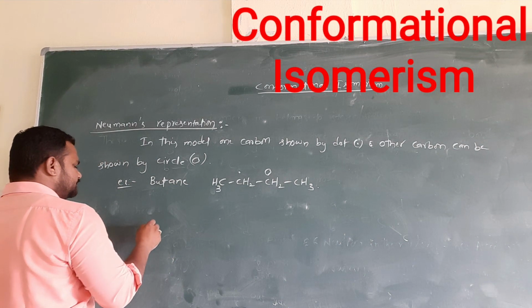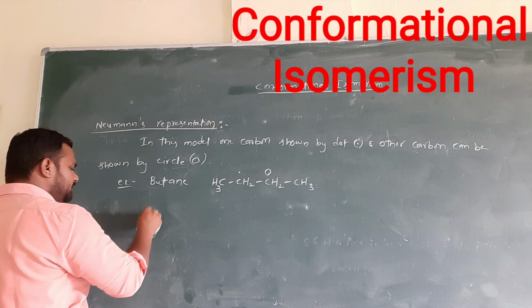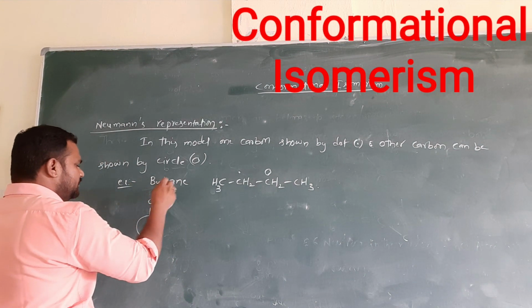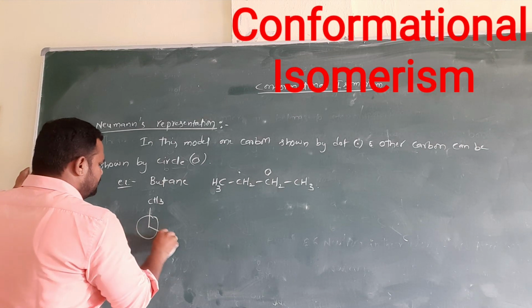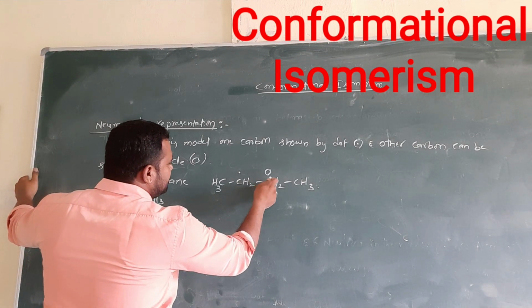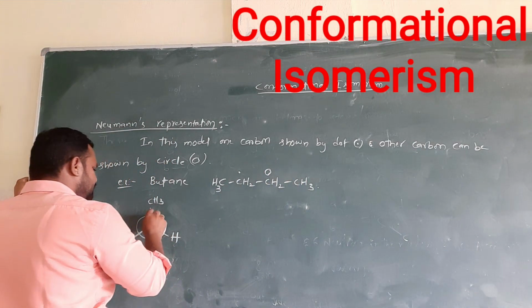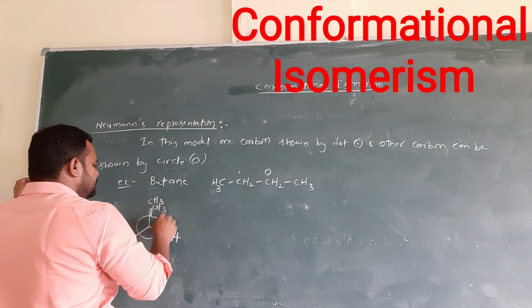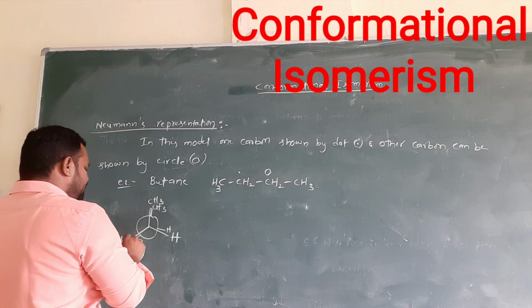So now, on the dot carbon, 1 methyl group and 2 hydrogens, whereas similarly on the circle carbon, 2 hydrogens and 1 methyl group. So here methyl group, here hydrogen, here hydrogen.